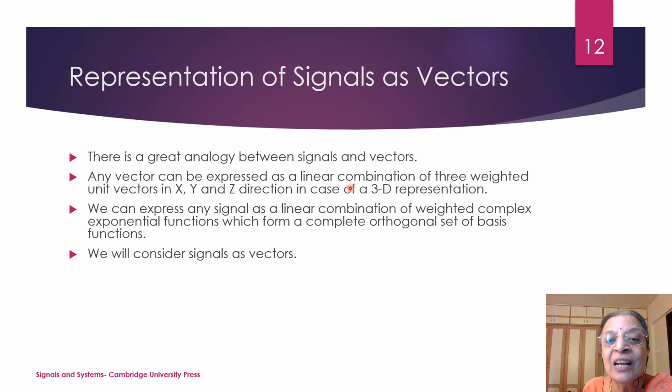And we can represent any vector from the origin to point P by the triplet x, y and z. Any particular vector in a plane can be represented as coordinates x and y. So again it will be a vector, right? So we can consider signals and vectors.